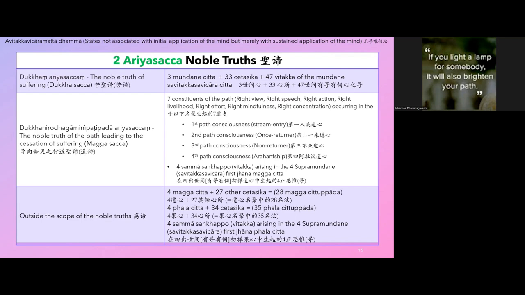In addition, the 4 vitakkas that arose in the 4 supramundane first jhana phala chitta are also classified under this term. So we've mentioned them separately as the 4 vitakka arising in these first jhana phala chitta. They are all outside the scope of the noble truths.